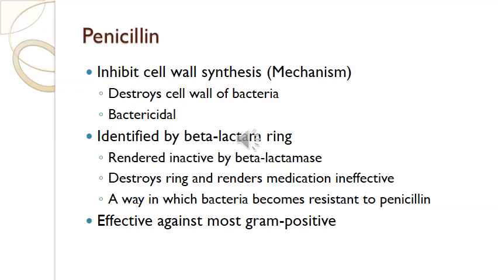The bacteria mutate and become resistant to it because they create this chemical that destroys it. So again, another reason why you don't want to overprescribe antibiotics, because we have a lot of antibiotic resistant bacteria, and that could continue to grow as well.